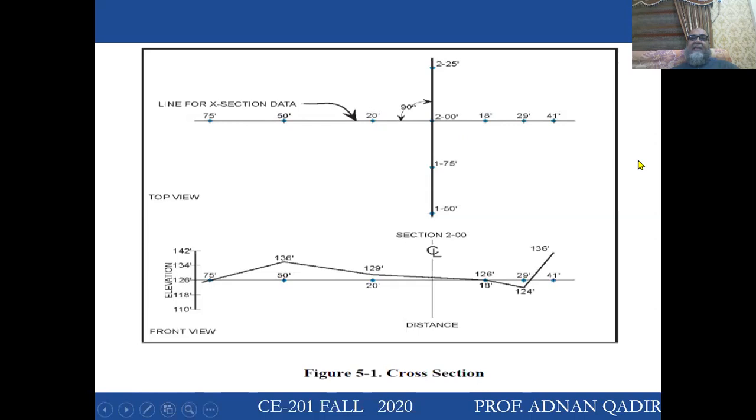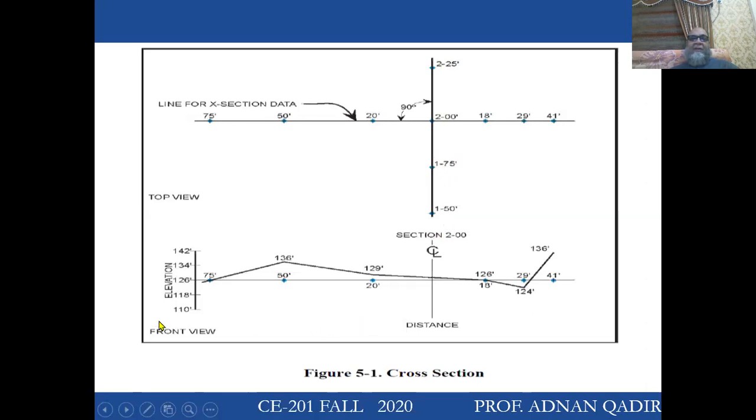If my direction is like this, I will take one level around 25 feet on my left and one level at right 25 feet. The level I have taken on this side is the left, and the level I've taken on this point is the right.